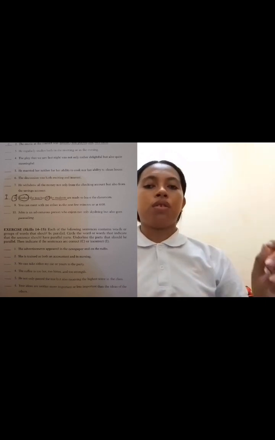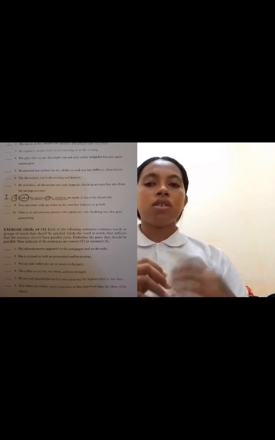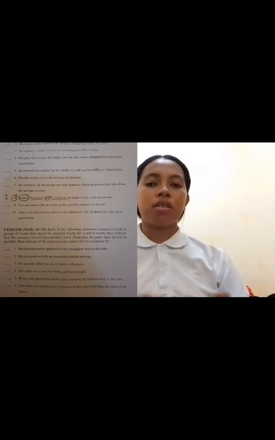Exercise skill 14 to 15. Each of the following sentences contains words or groups of words that should be parallel. Circle the word or words that indicate that the sentence should have parallel parts.